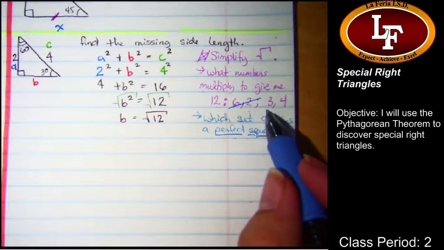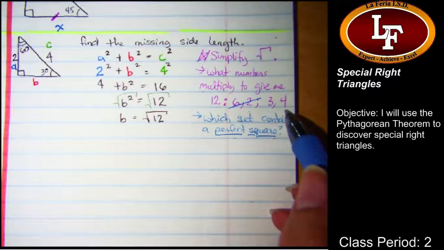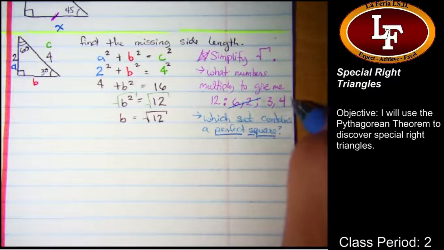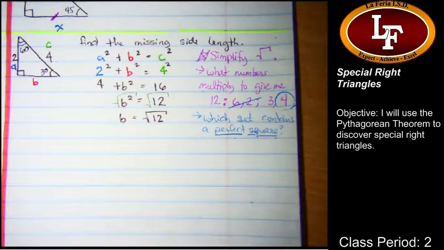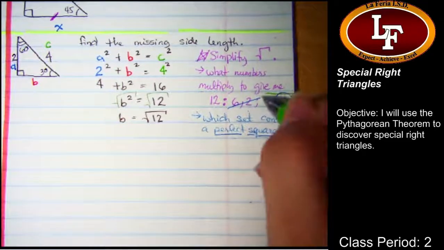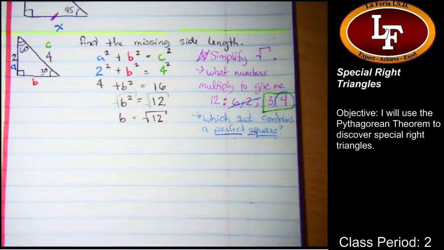What about 3? 3 and 1, not a perfect square. What about 4? 1 and 4, but also 2 and 2. So this is a perfect square, which means this is the pair that we can use to replace 12.